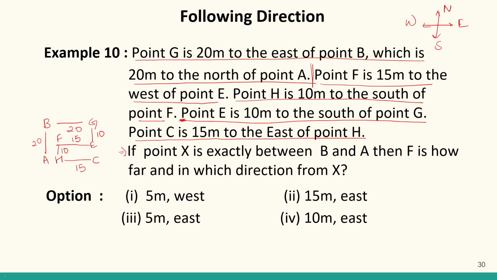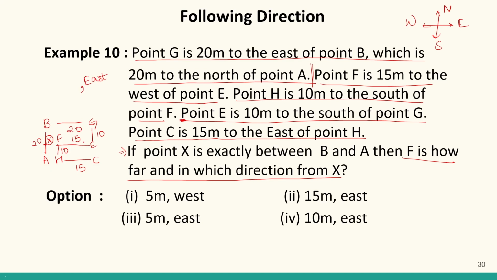Now, the question is, this was all the information given to us. The question is, if point X is exactly between B and A. So here we'll have point X, 10 over here, 10 over here. It will be in the same line as F and E, right? Then F is how far and in which direction from X. So with respect to X, F is in east direction.